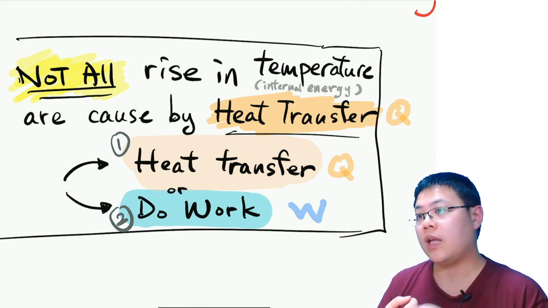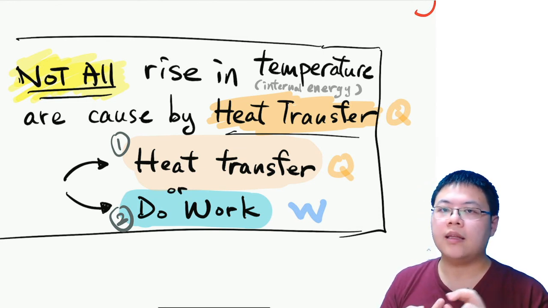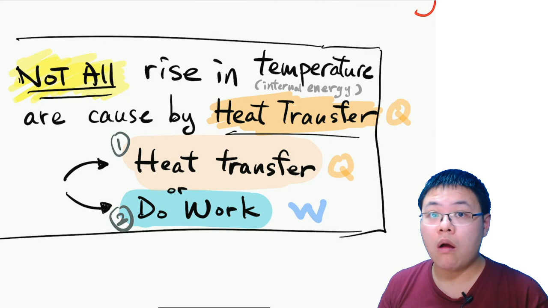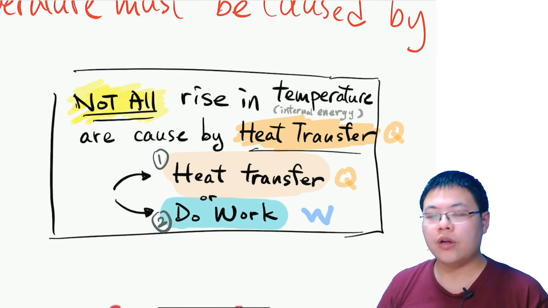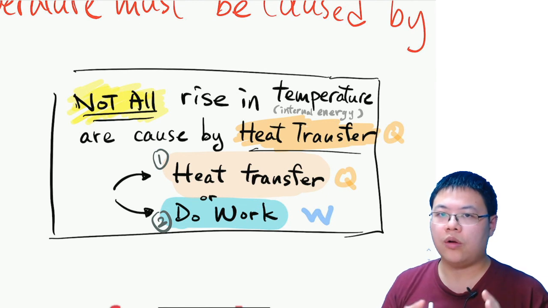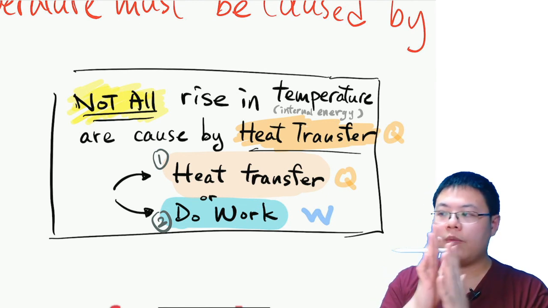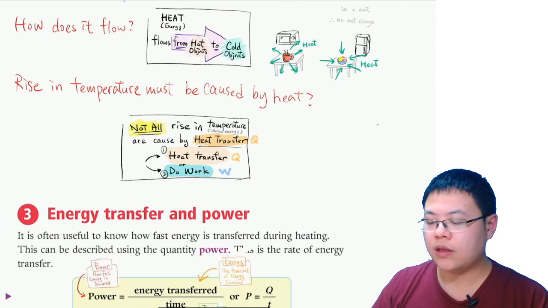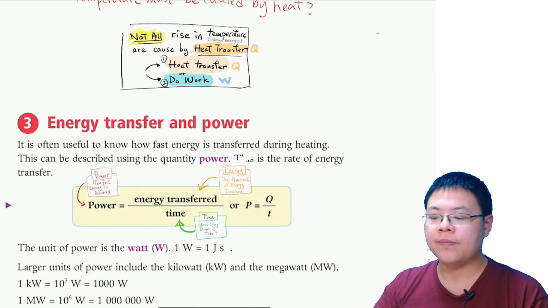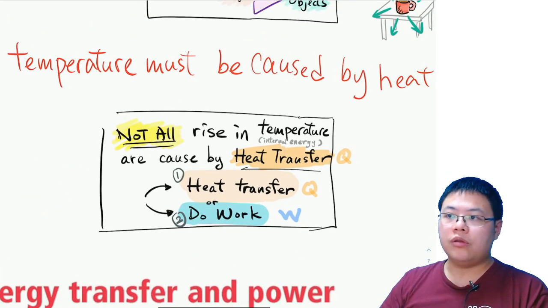We will use Q as a symbol to indicate it, and the other is called doing work. So when there is a rise in temperature, it is not every time caused by heat. It can be doing work. For example, you rub your hands or you play with the paper clip. This is not heat flow. This is doing work.